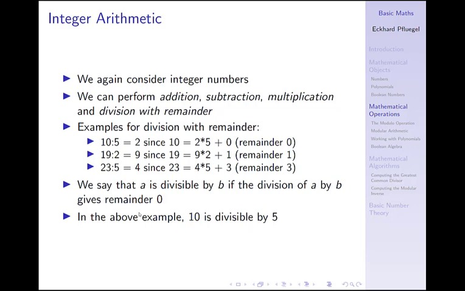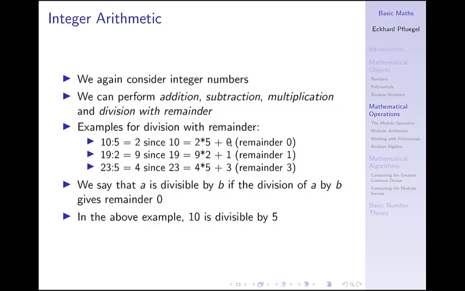So let's look at these examples. If you wanted to divide 10 by 5, then that's obviously 2, the quotient is 2. That's actually what we call an exact division, because clearly 10 is 2 times 5, there is no leftover, there's no remainder. So that's all straightforward. What do we do if that's not the case?